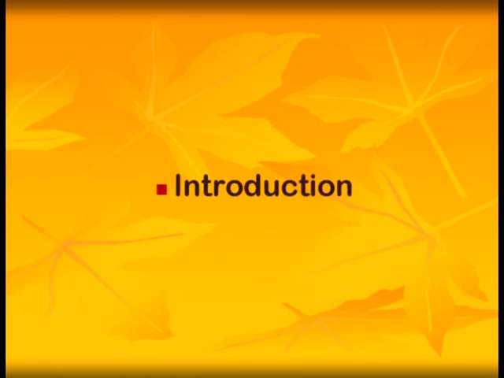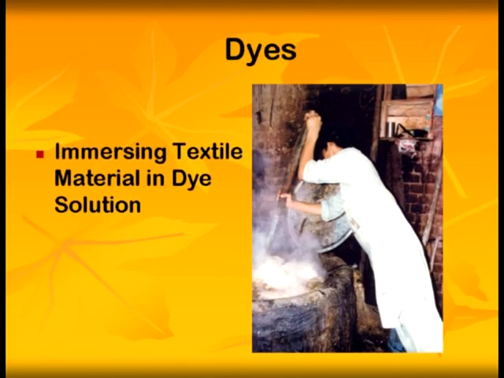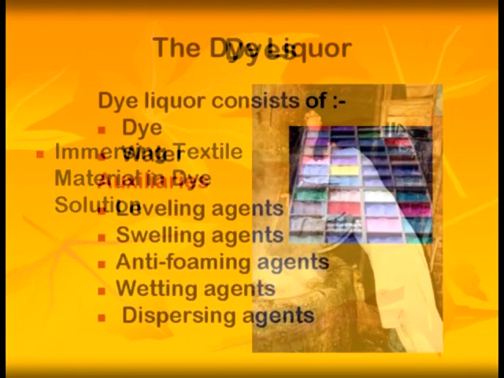Introduction. Color plays an important role in our choice of a fabric. In the market, fabrics with a variety of colors and shades are available. Dyeing is usually carried out by immersing textile materials in an aqueous solution of the dye called dye liquor.